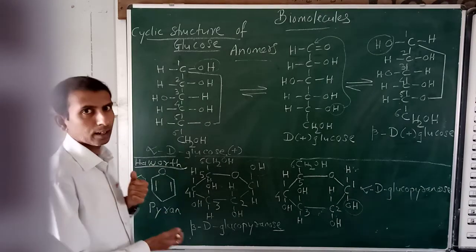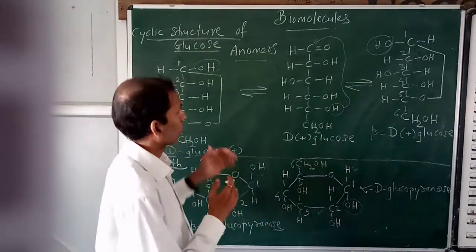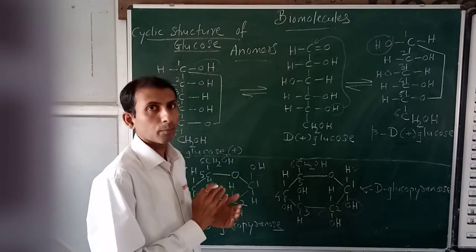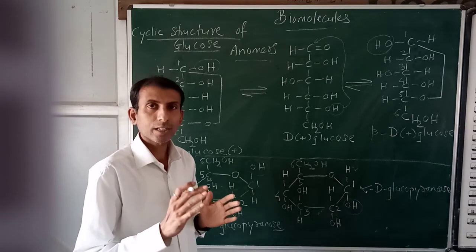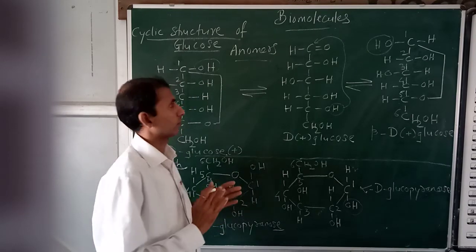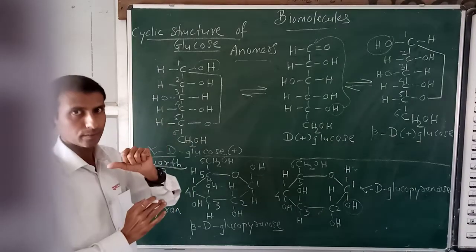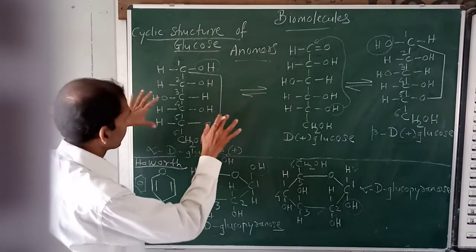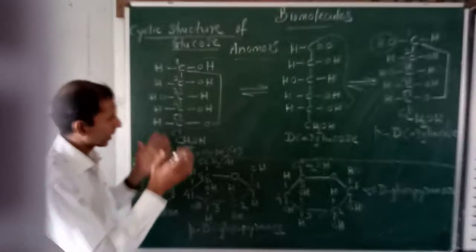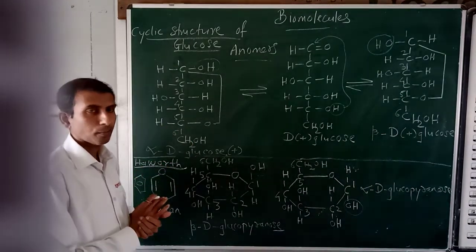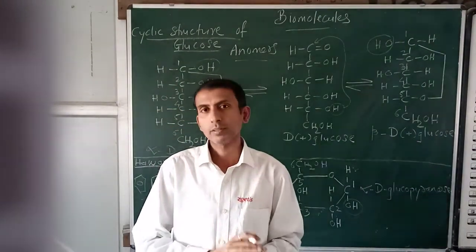And I am not confusing you with the next concept, because in the similar manner we have to write down the cyclic structure for fructose, which is given in our syllabus. Fructose, which is a ketose. So if you can write these structures easily with understanding, then cyclic structures of fructose also will be very easy for you.